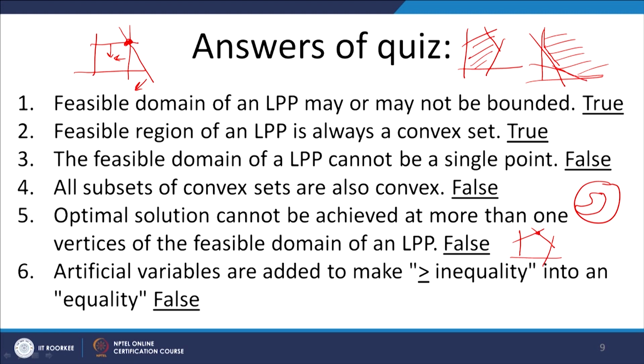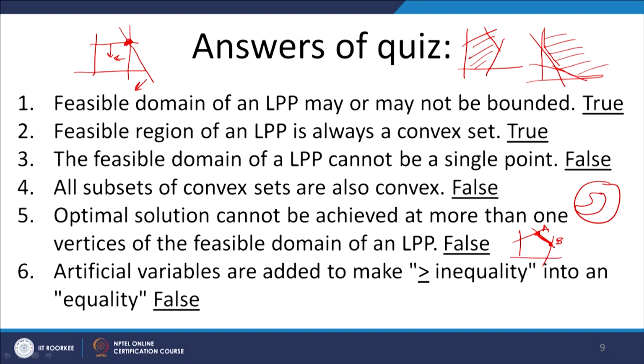So, there could be a possibility that the optimum solution lies at both these vertices, A and B, as well as all the points lying on the line segment joining A and B.